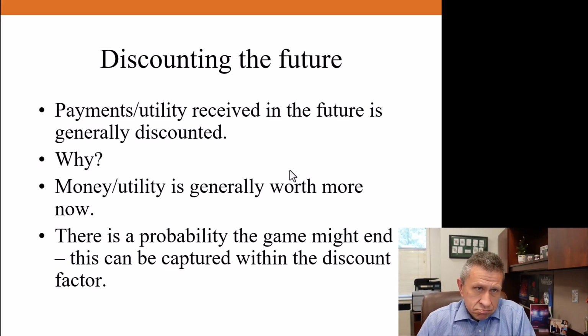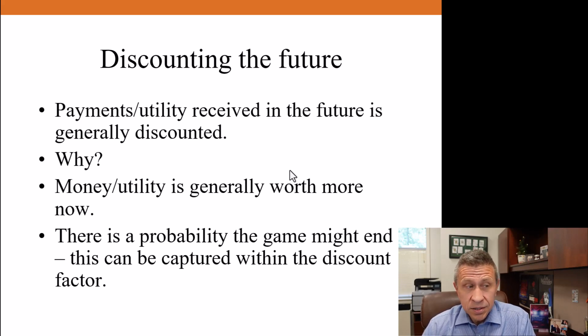This game likely is going to go on for a long time, but there's a probability that somebody gets sick or gets killed. The games end at some point, but we don't know when it ends. It's indefinitely repeated. That will cause the future to be discounted.